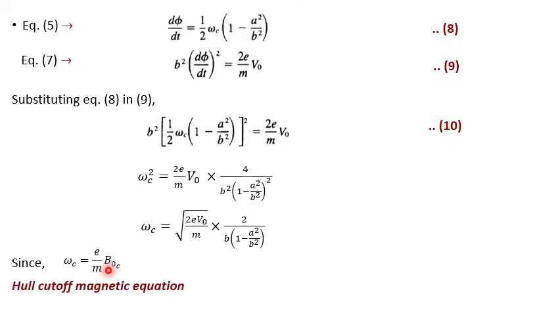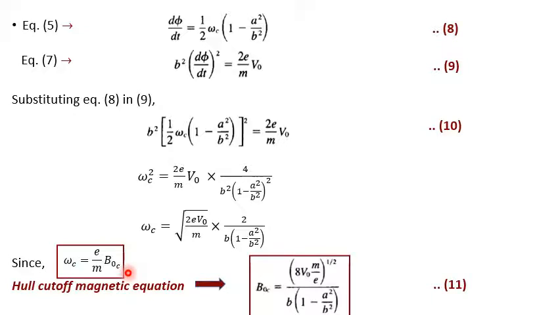Okay, so by substituting this omega c is equal to e by m B naught c, you can get an expression for B naught c, which is nothing but the Hull cutoff magnetic equation, which is represented as B naught c is equal to (8 V naught m by e) the whole raised to 1 by 2 divided by b into 1 minus a square by b square. So this equation is also known as the Hull cutoff magnetic equation.